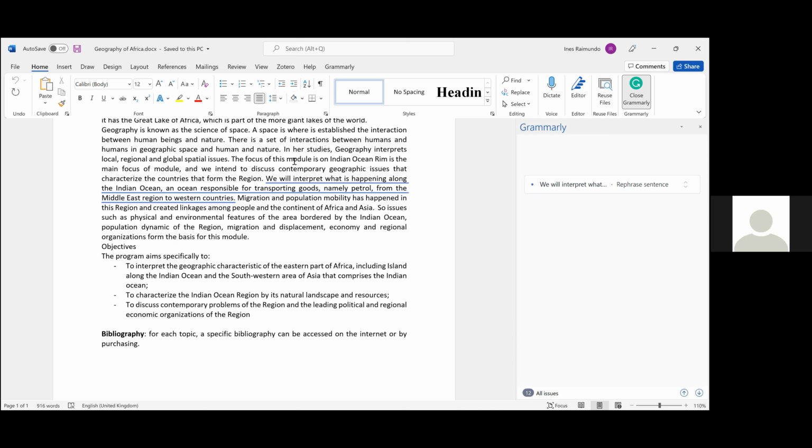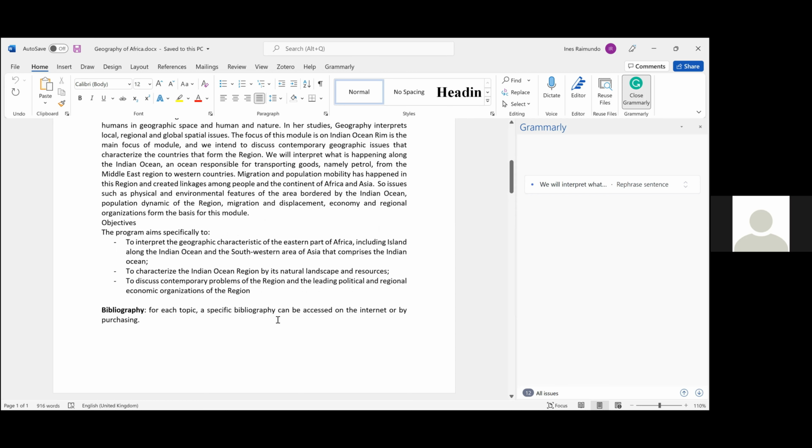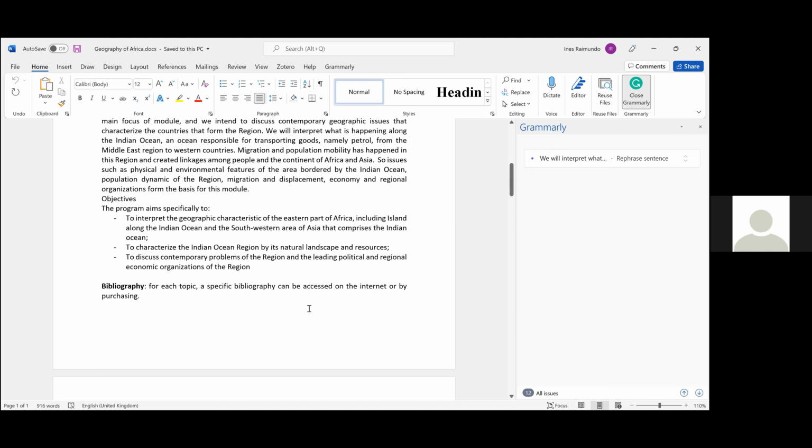The third objective is to discuss the contemporary problems of the region and the leading political and regional economic organizations of the region. In terms of bibliography, for each topic there is a specific bibliography that can be accessed on the internet or by purchasing. So if you have money, you can buy these references.